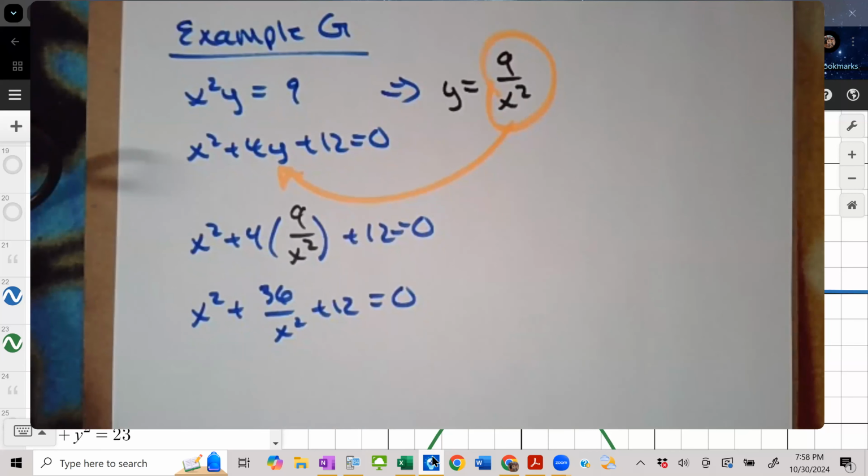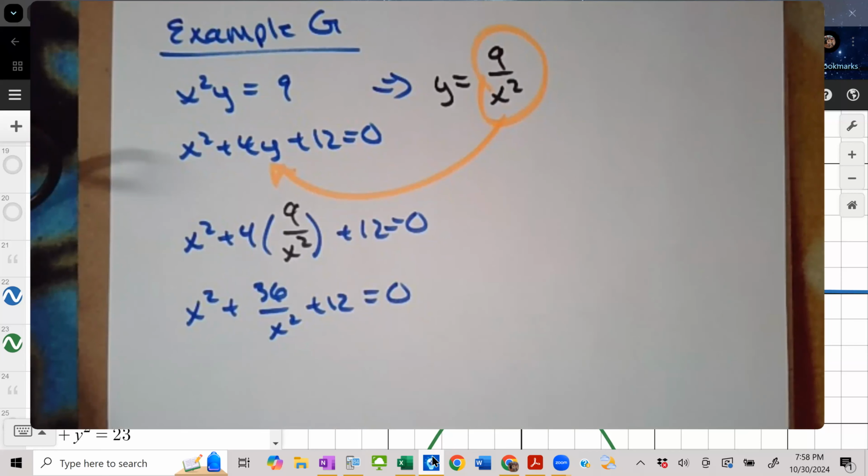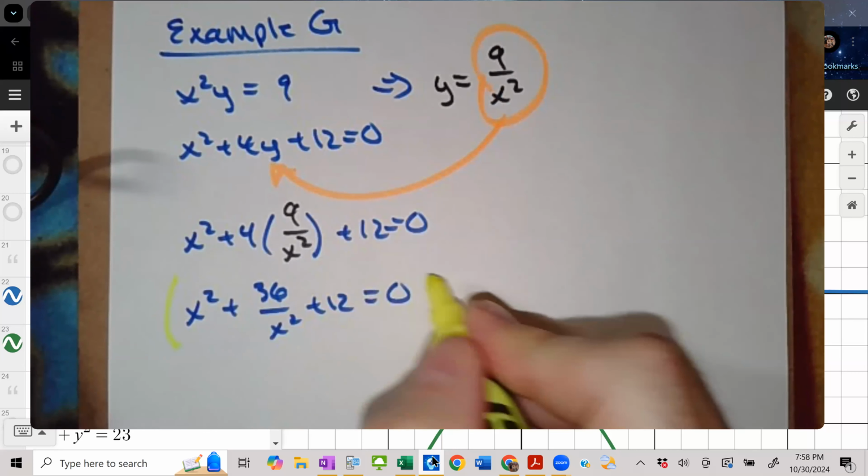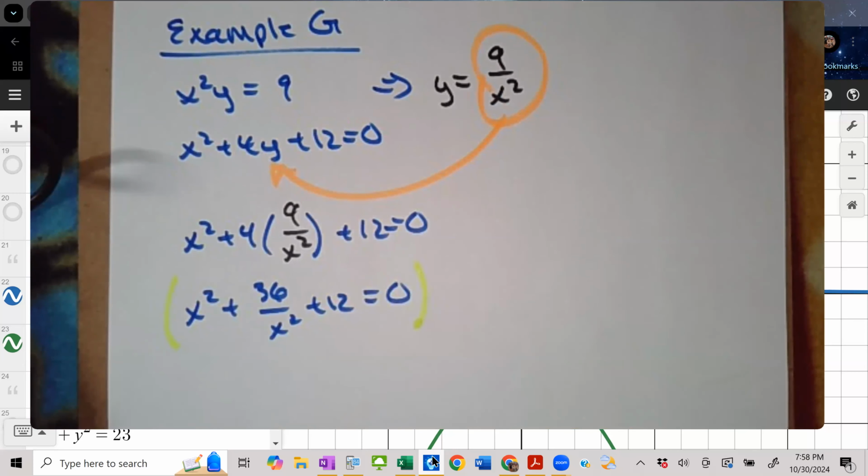And most of you are probably cringing, going, oh God, fractions now? That's just the worst. But if you don't like fractions, get rid of them. This is an equation. What's the easy way to get rid of fractions in an equation? You can multiply both sides by the lowest common denominator. Now, in this case, that LCD is x squared.